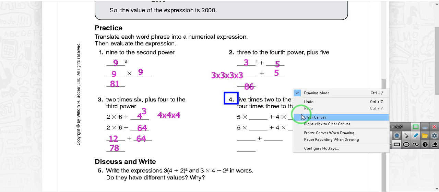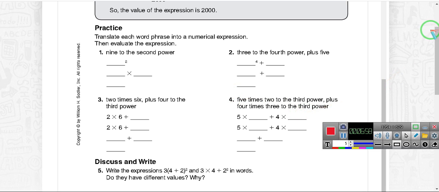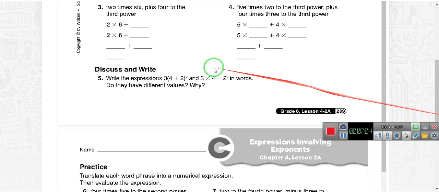Let's clear our board and move to the next one. Discuss and write. Write the expression 3. Look how I can read this expression. I say 4 plus 2 squared, or to the second power, times 3.